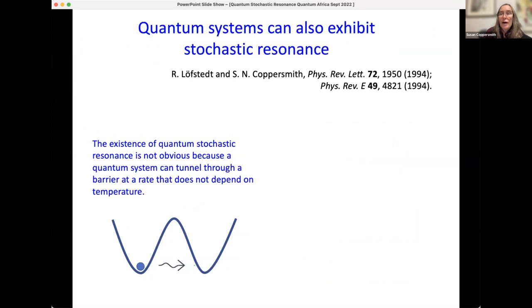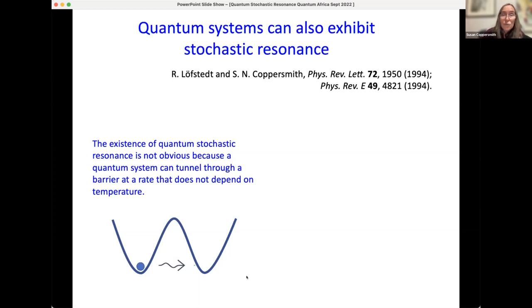And about 30 years ago, through some sort of accidental story, I became interested in the question of whether stochastic resonance, the phenomenon, can occur in quantum systems as well as classical systems. And at the beginning, you think that this is not a very good idea.